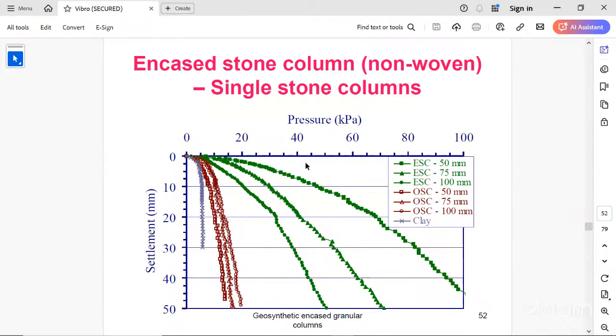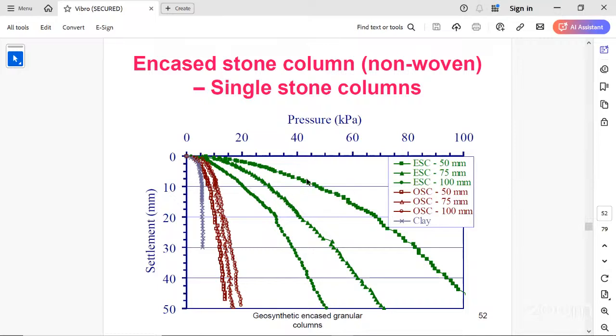Actually, when it comes to soil, Young's modulus is only good for materials that are like steel and concrete. But when it comes to soil, our modulus is much smaller, and it's varying a lot. If you look at the pressure settlement graph, it is varying a lot. So at larger settlements, we get a lower modulus. Okay?